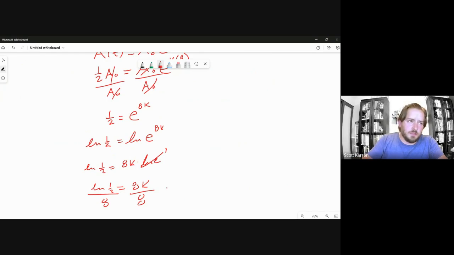So k is equal to the natural log of 1/2, which is like negative 0.693. Divide that by 8, and I have my k.